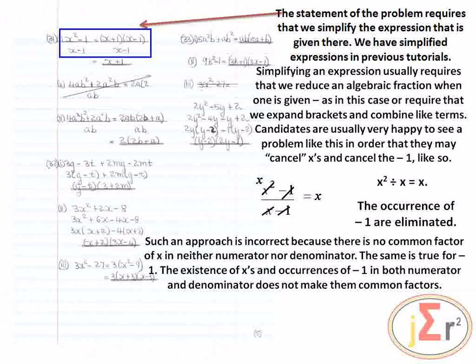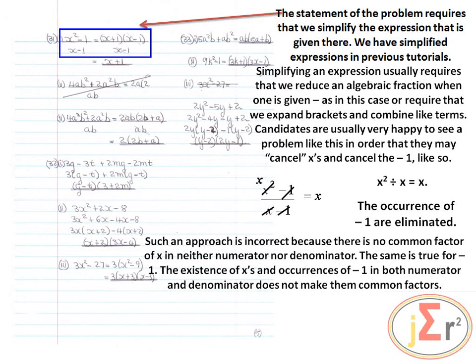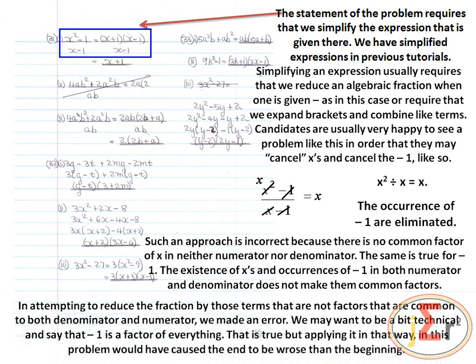We cannot imagine that as long as something is present, it is a common factor, because that is far from the truth. In attempting to reduce the fraction by those terms that are not factors common to both denominator and numerator, we made an error.